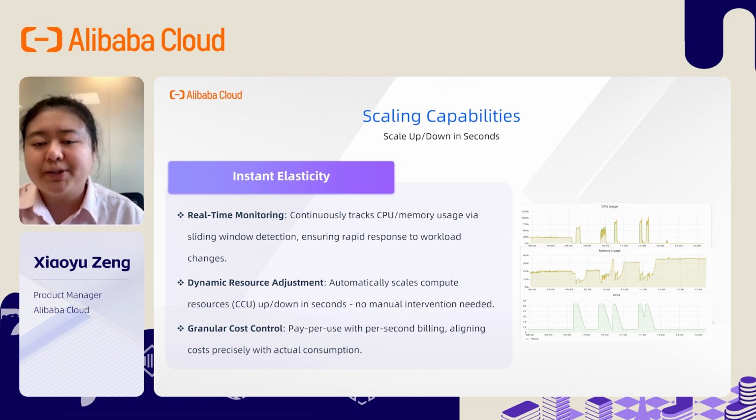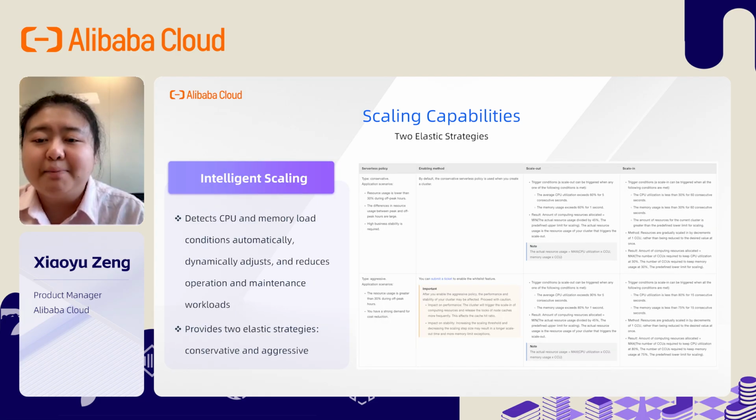So the whole procedure has no manual intervention, no wasted resource during off-peak times, and the resource elasticity directly translates to cost efficiency. We provide flexibility in scaling behavior with two strategies, conservative mode and aggressive mode.